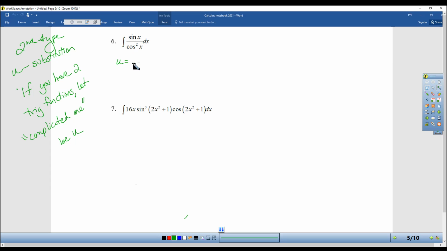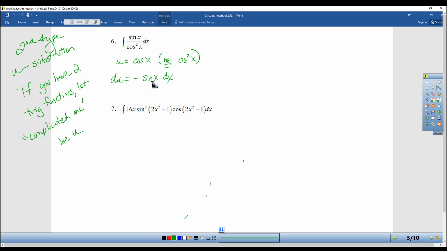So I'm going to let u be cosine, not cosine squared, just cosine, okay? Not cosine squared, just the cosine, because I can deal with a u squared. U squareds are not a problem. And then my du, the derivative of cosine, is negative sine x dx.